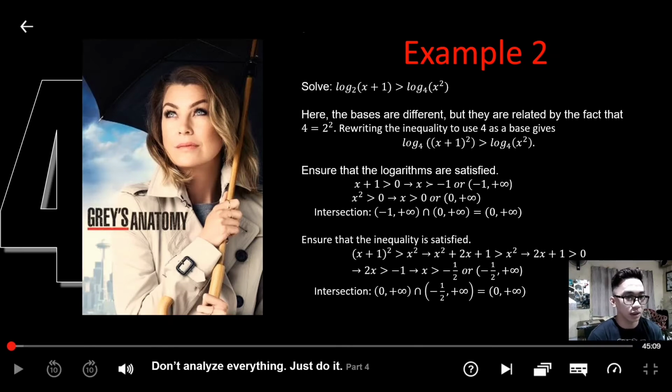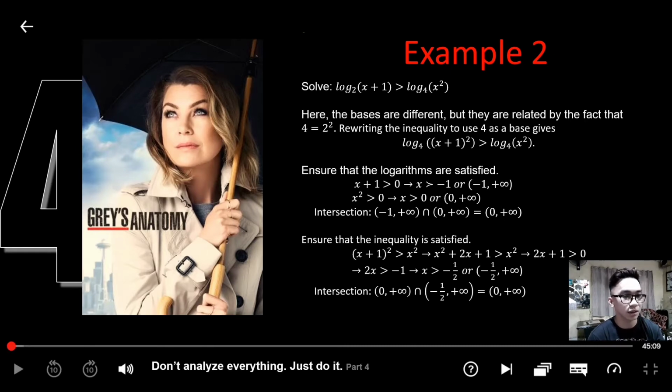Rewriting the inequalities to use 4 as base gives: logarithm of (x+1)² to the base 4 is greater than logarithm of x² to the base 4.